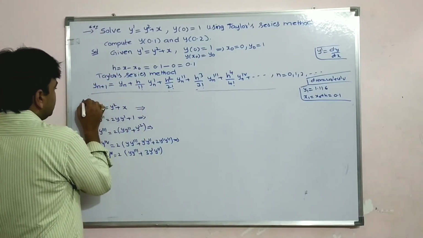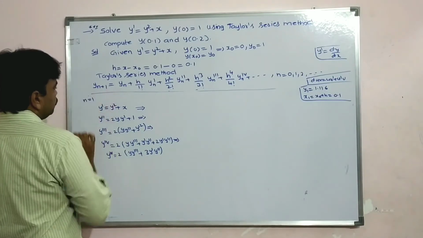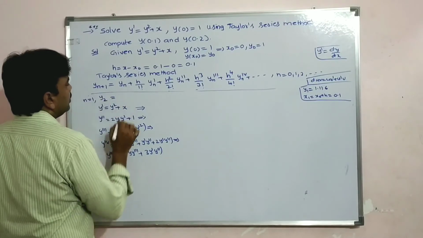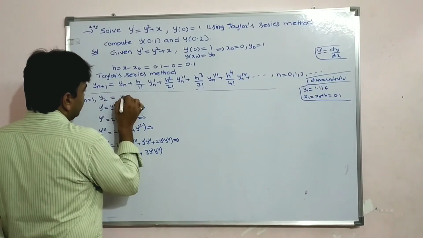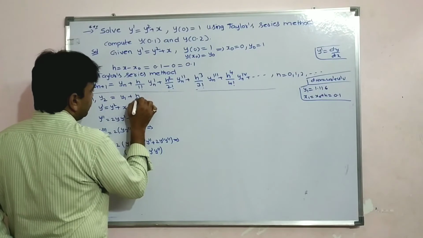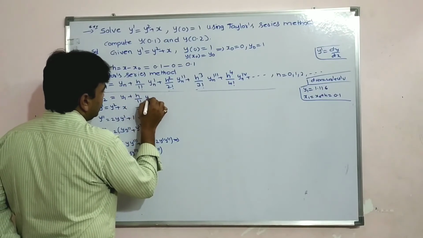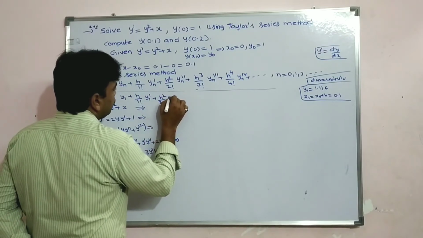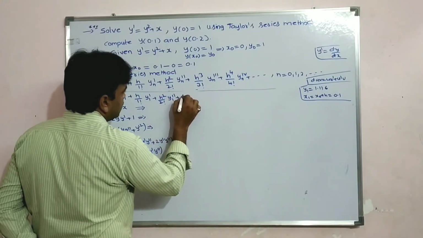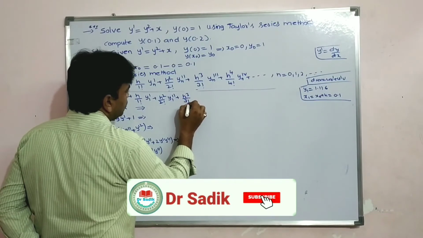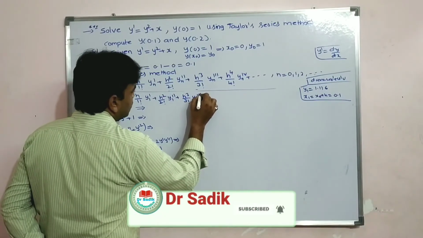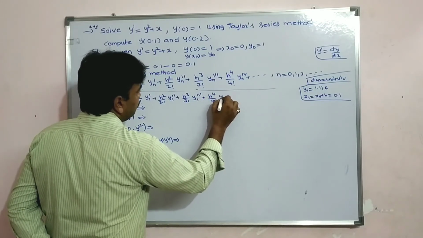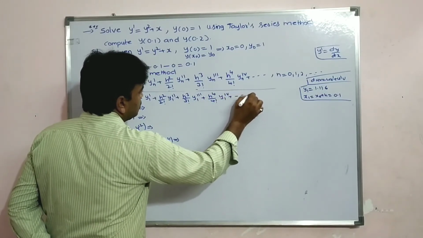Now put n is equal to 1 here students, n is equal to 1. So we get here y2 that is equal to, n is equal to 1 students, so we get here y1 plus h by 1 factorial into y1 dash plus h square by 2 factorial into y1 double dash plus h cube by 3 factorial into y1 triple dash plus h power 4 by 4 factorial into y1 power 4 plus and so on.